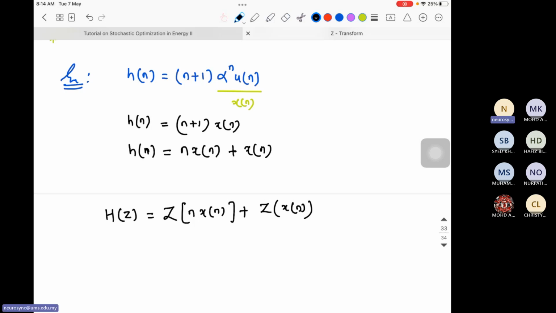First find the Z transform of n x of n. This we know from the differentiation property. Here we will use the differentiation property.